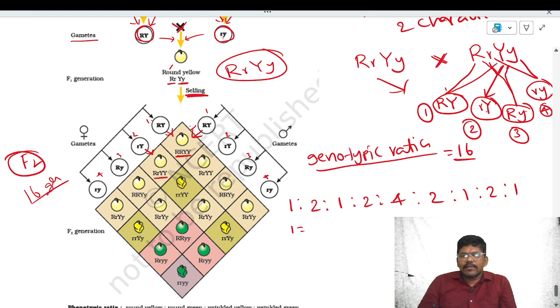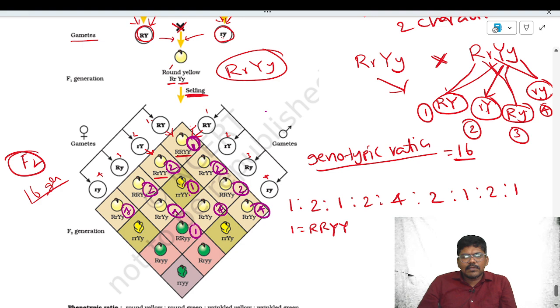Then what is the 1 here? 1 is the homozygous dominant. This is the 1. Here I write. This is the 1, 2, 1 is to 2 is to again 1. Small r, capital Y. 1 is to 2 is to 1 is to, then this is the 2. 2 is to, these are 4 heterozygous dominant plants. 4 is to, then again 2.